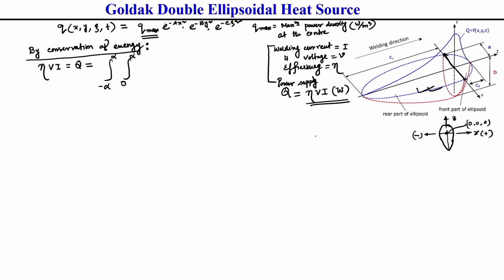And along the z axis, this ellipsoid is varying from minus infinity to plus infinity. But keep in mind how this ellipsoid looks: only the bottom side ellipsoid is there, the top side is not there. That is why, as only the bottom side of the part is there, for y I have started from 0 to plus infinity, because the top part of this ellipsoid is not there, only the bottom part is there, clear.